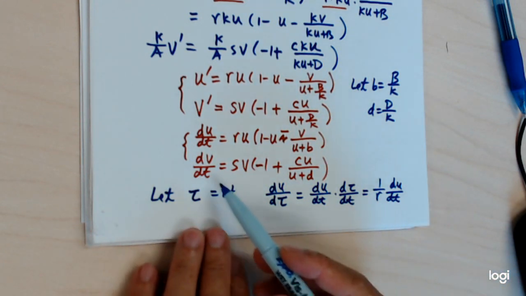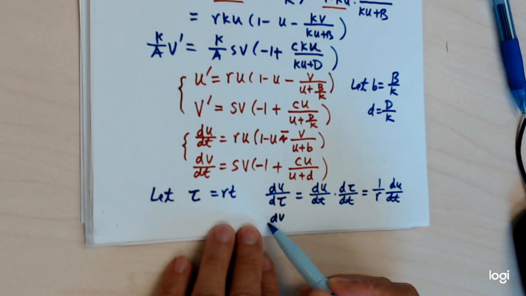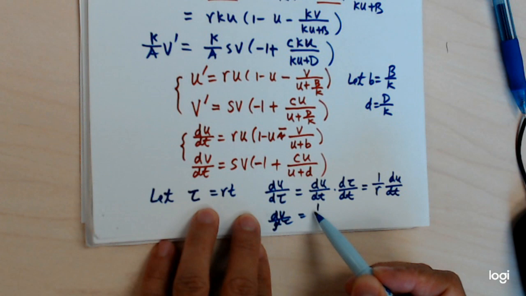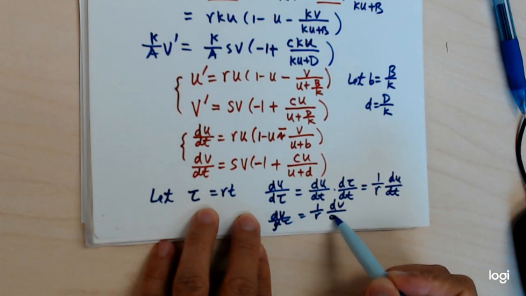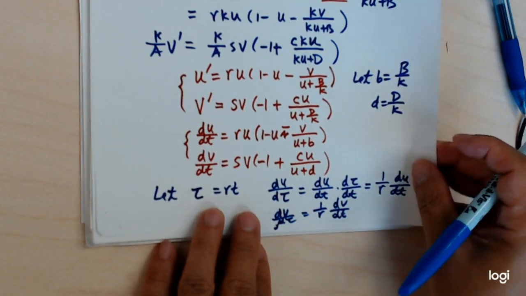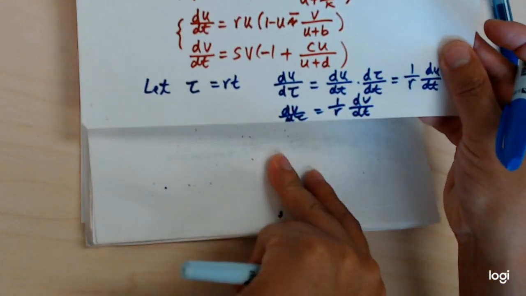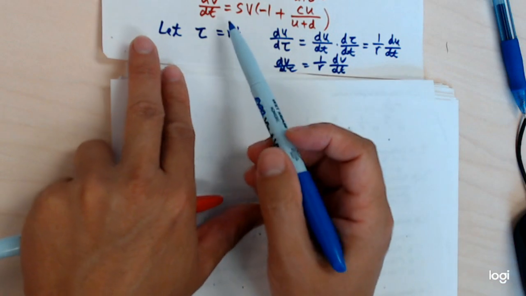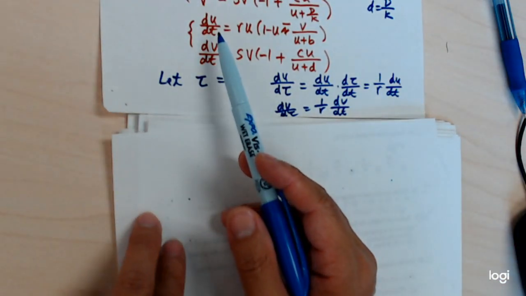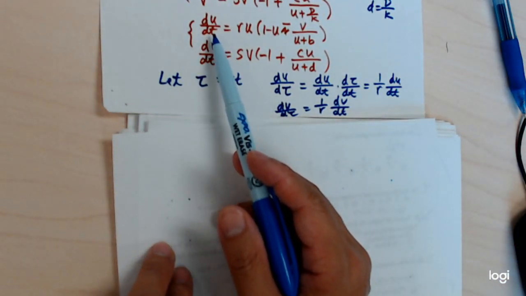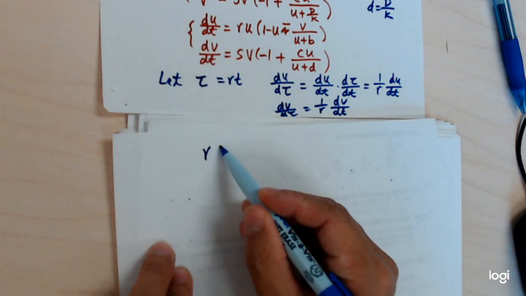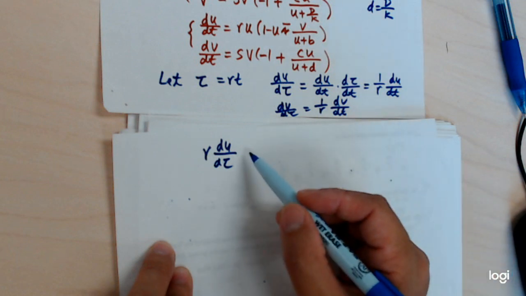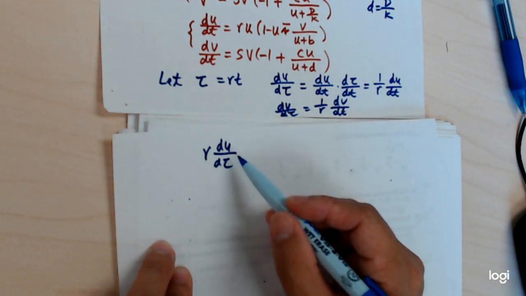And same story goes for dv dt. I have dv d tau also equal to 1 over r dv dt. And then I will replace this term with r du d tau, because that's what du dt is.